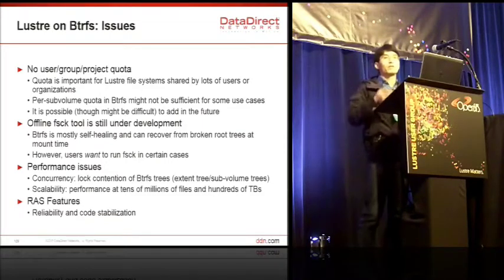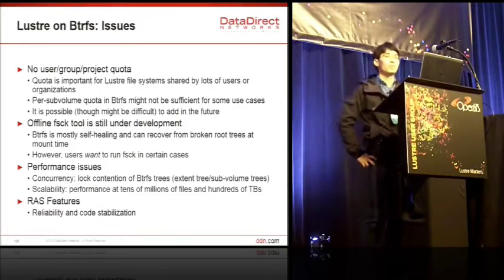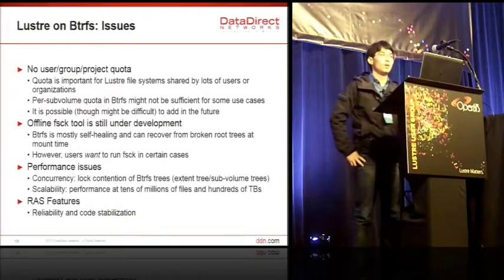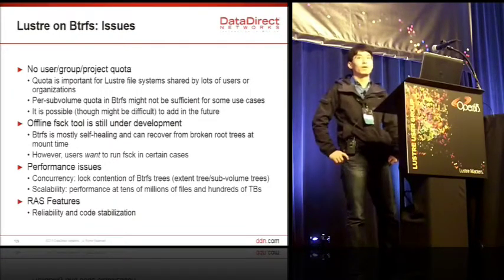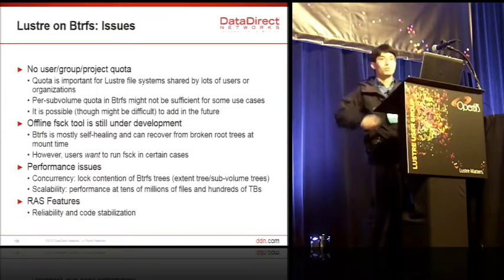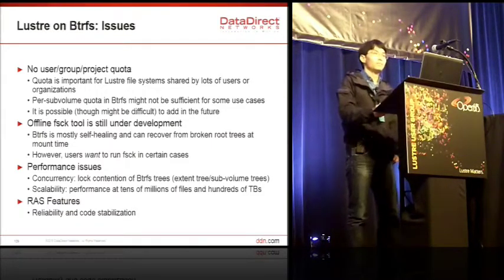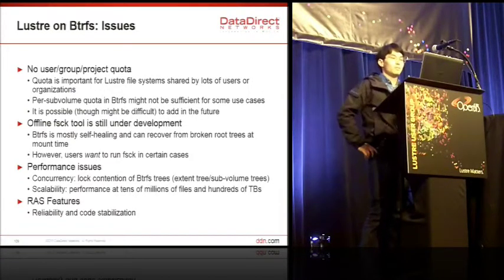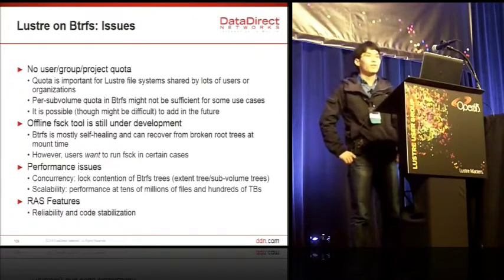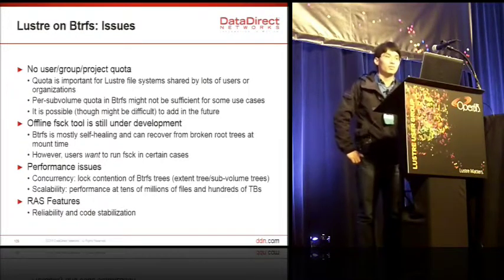Actually, Btrfs has quota, but it is subvolume quota. It might not be sufficient for some use cases, and we may need to add user and group quota in the future. Another problem is that the offline fsck tool is still under development.